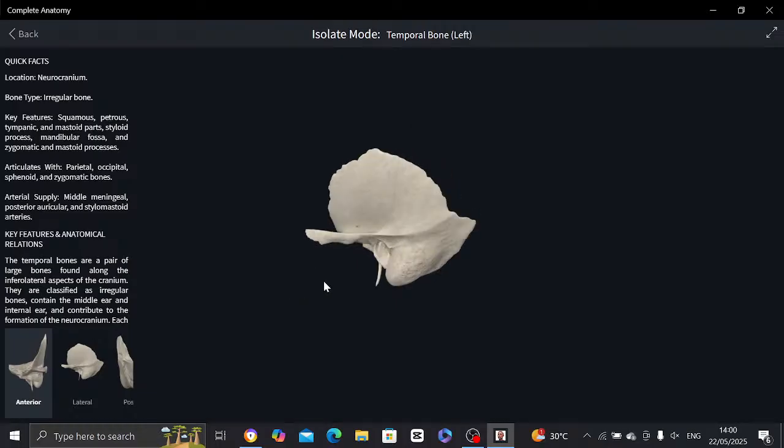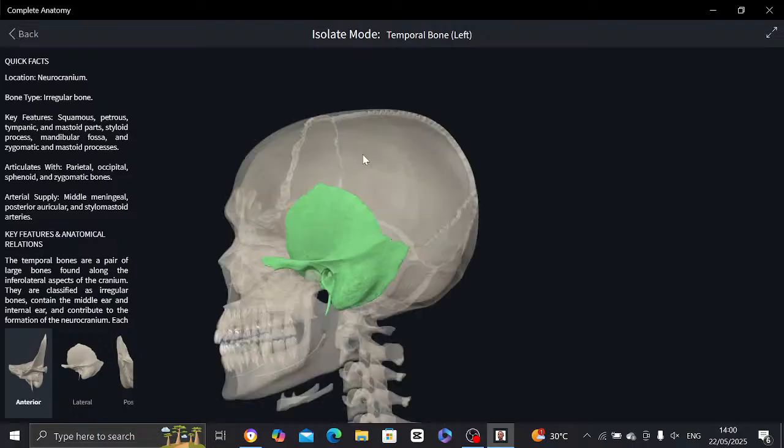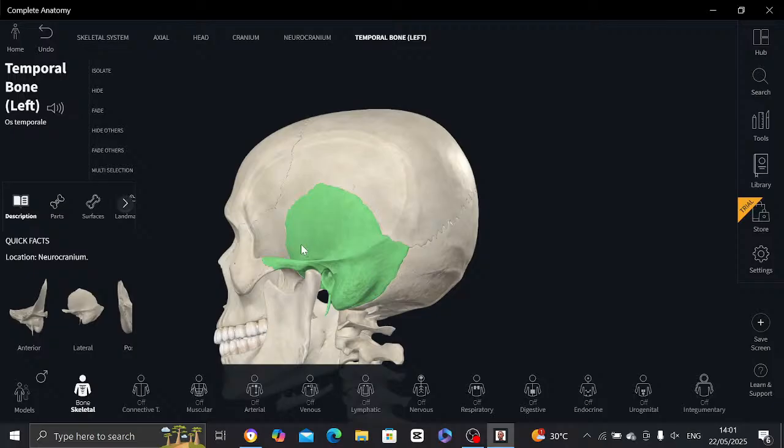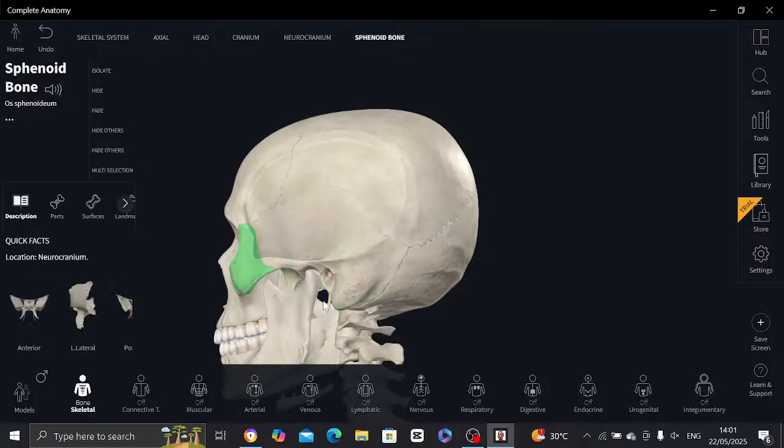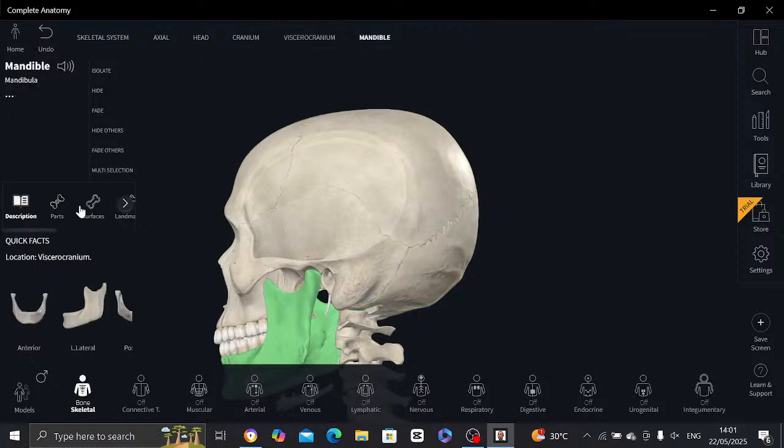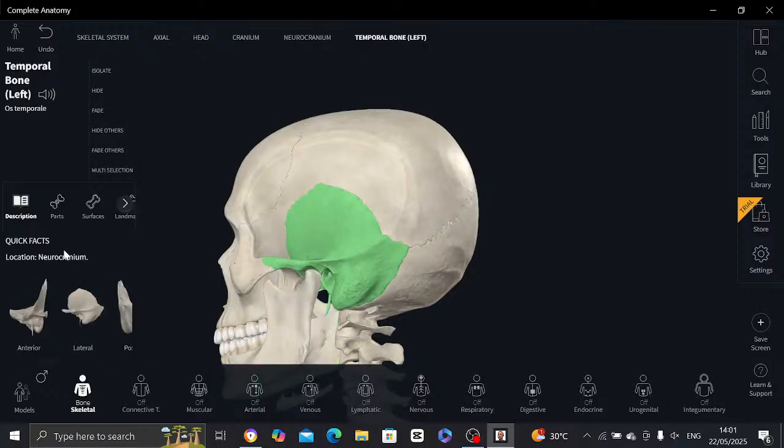So it attaches to the parietal bone superiorly, which we've shown, the sphenoid bone, the zygomatic bone, the occipital bone, and the mandible at the temporomandibular joint.